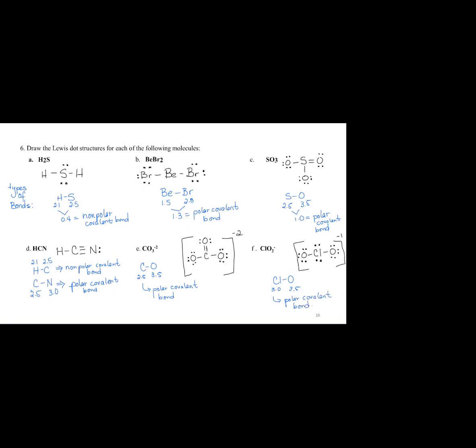Any questions determining the types of bonds in a molecule? Professor, if we're given, so like for D, if we're given 3 different elements, when we give an answer, we have to separate the elements, and that would technically be 2 answers rather than just 1, correct?